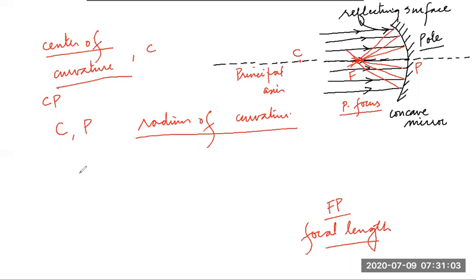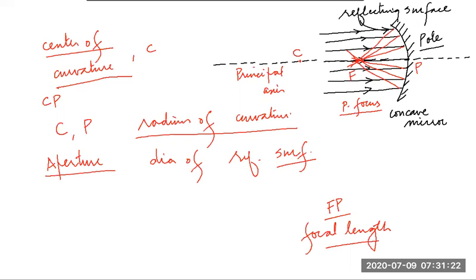Guys, now comes the third thing, aperture. You see, it's the diameter of the reflecting surface of the mirror, whether it is concave or convex.